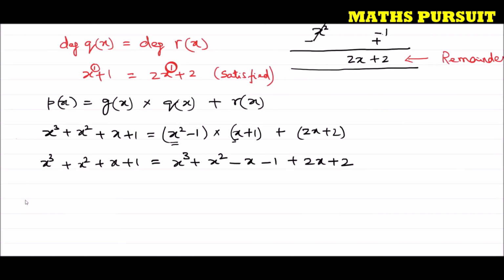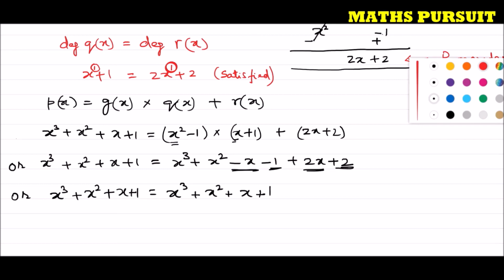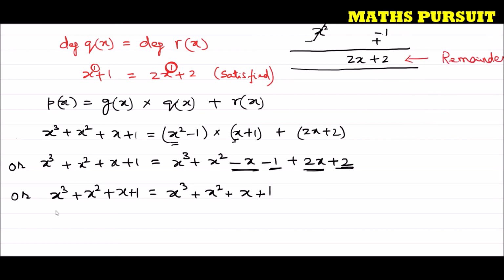Here we have x to the power 3, plus x to the power 2, and minus x plus 2x gives plus x, and minus 1 plus 2 gives plus 1. So you could see that the left hand side of this equation is equal to the right hand side of this equation.